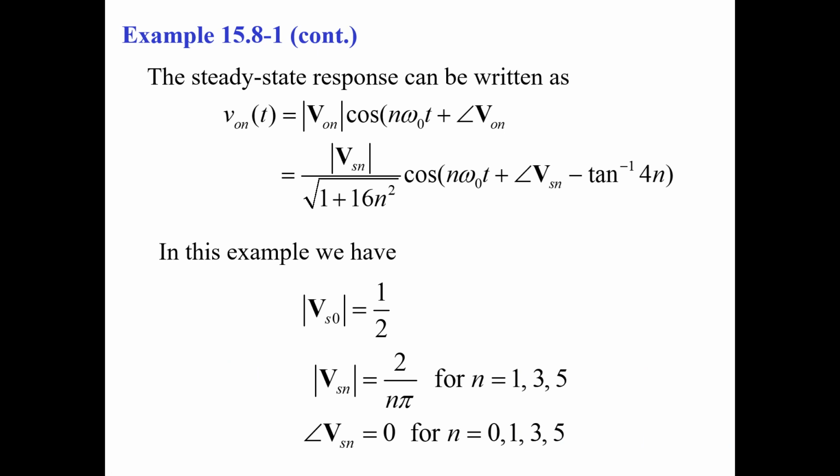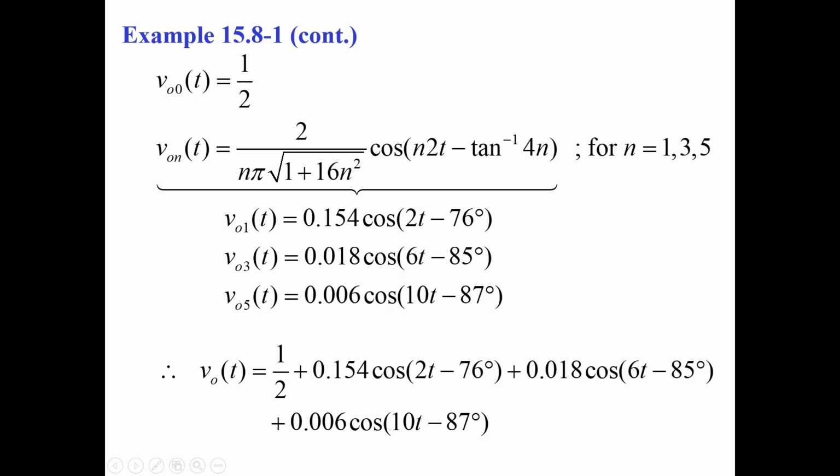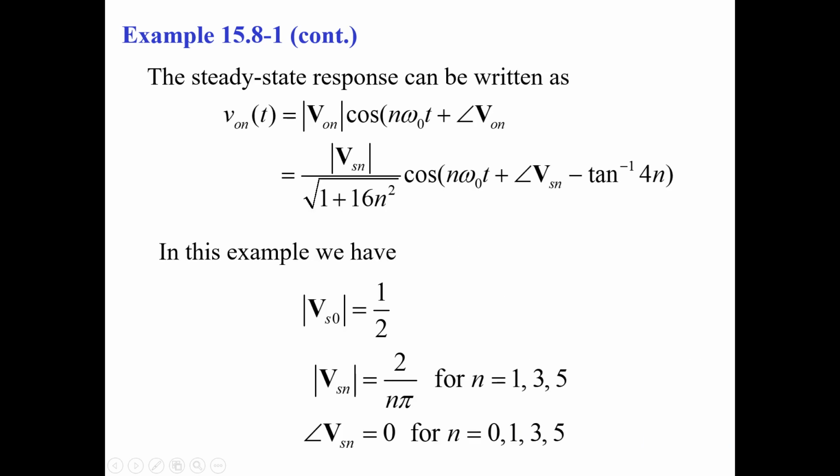There is a magnitude and it has some angle. Then just add it up, V0, V2, V3, putting the values in from this formula.